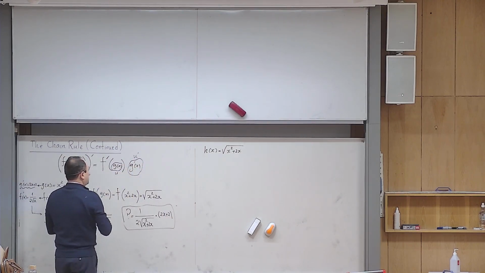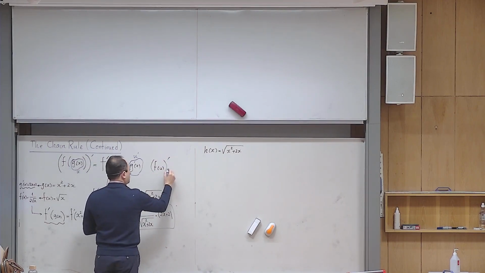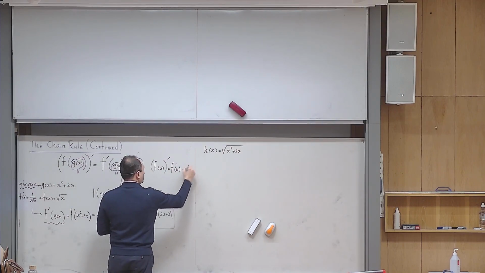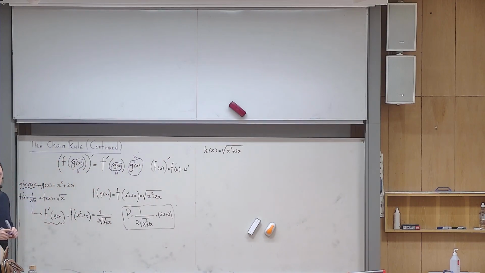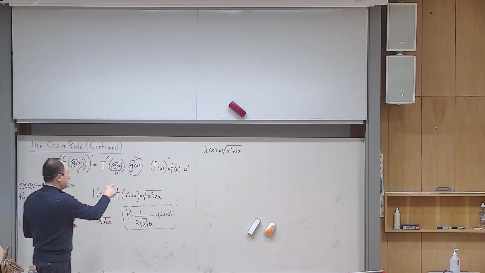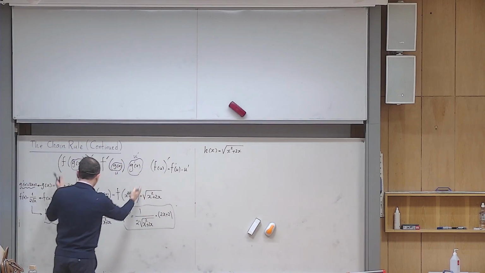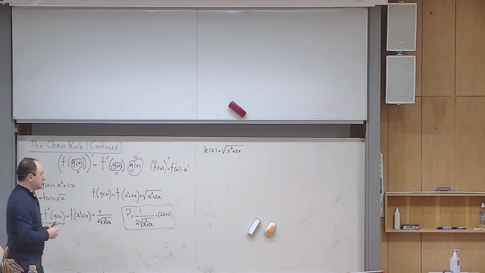So I wrote the formula like this: the derivative of f of u is equal to f prime of u multiplied by u prime. That's exactly the same formula, but written more compactly so that we can use it more effectively. This is the way that I always do it, and that is enough. You really don't need to motivate all these things, and it's better not to do that.